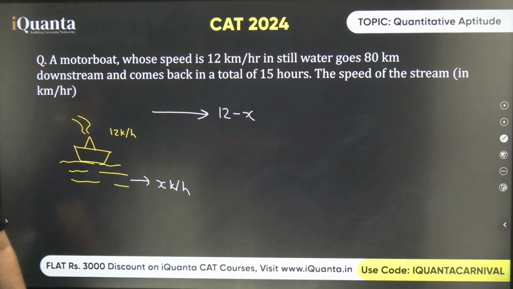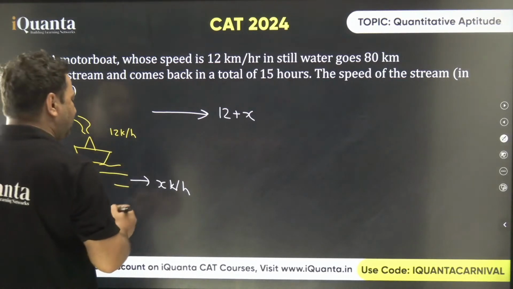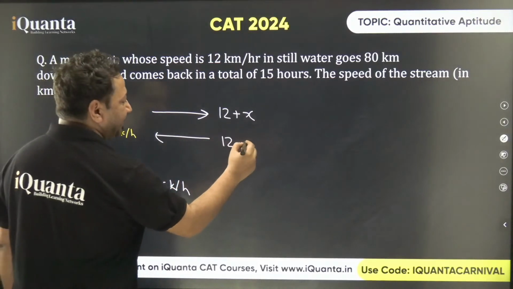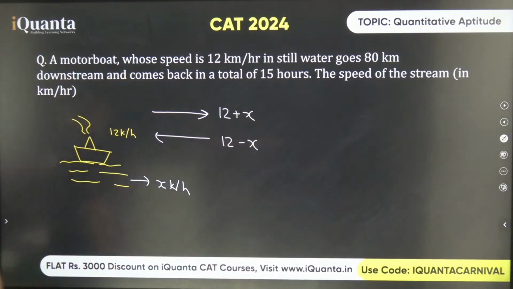Is that part clear? क्योंकि अगर बोट 12 किलोमीटर पर आवर से आगे जा रही होगी तो स्ट्रीम के साथ वो x और आगे चली जाएगी. But if the boat is traveling against the direction of the stream, then its speed will be 12 minus x with respect to the ground. Can we say that?